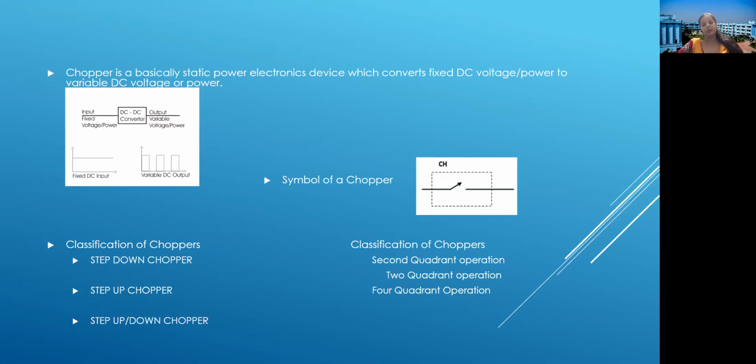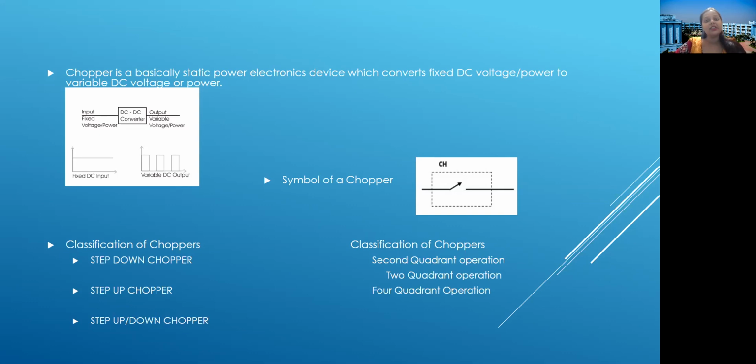Now, again, according to the principle, chopper can be classified like first quadrant chopper, second quadrant chopper, two quadrant chopper, four quadrant chopper. This four quadrant operation is very, very, very important. You guys have read in machine subjects, right?